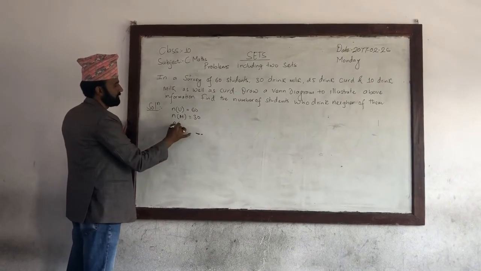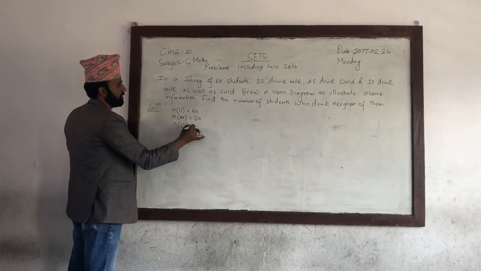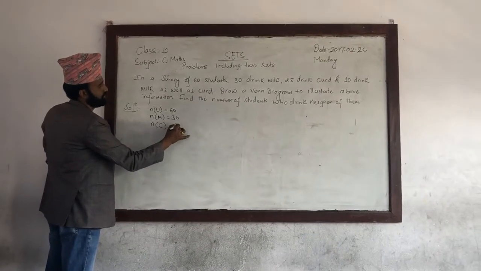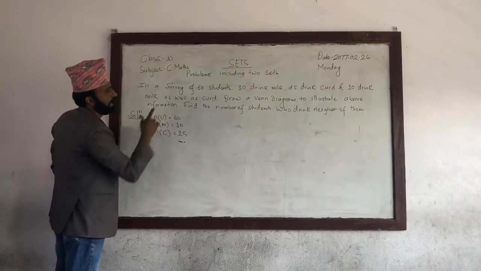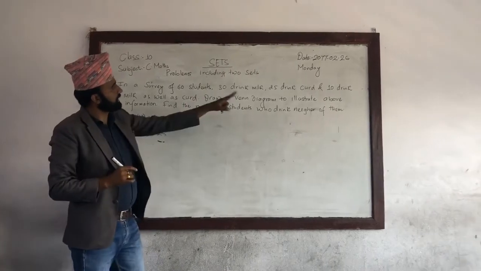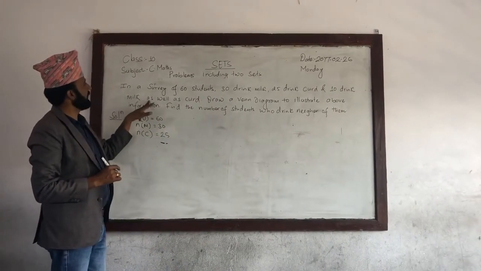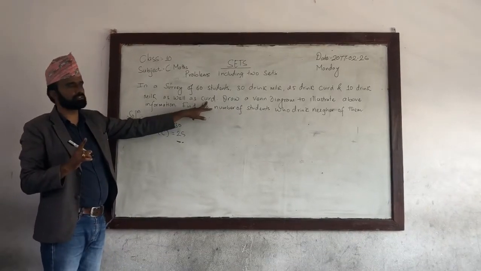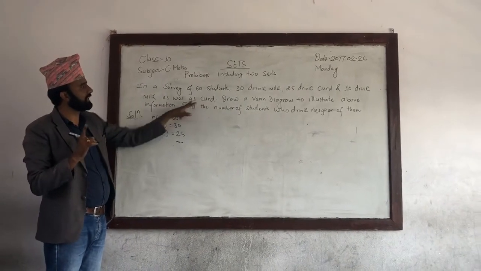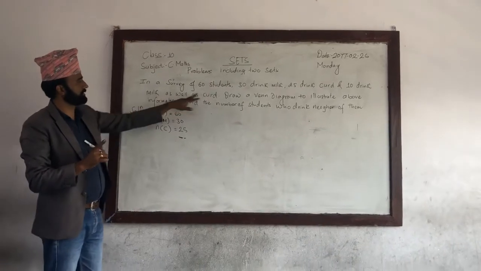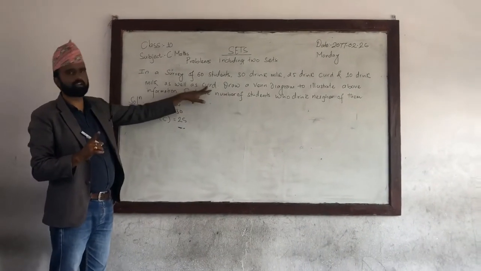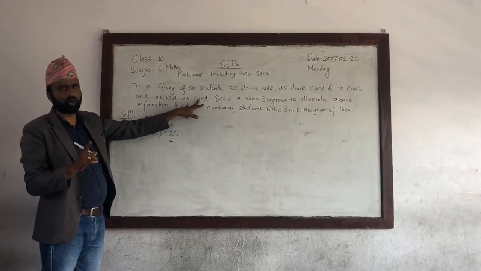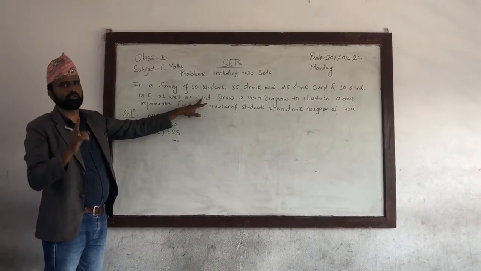The number of students who like to drink curd is 25, and 10 drink milk as well as curd. These 10 students like to drink both milk and curd. They are common to milk and curd both.